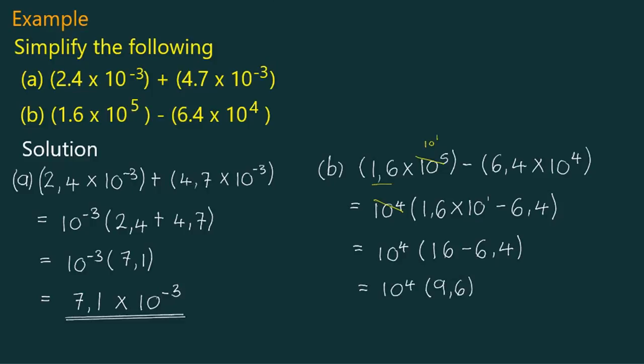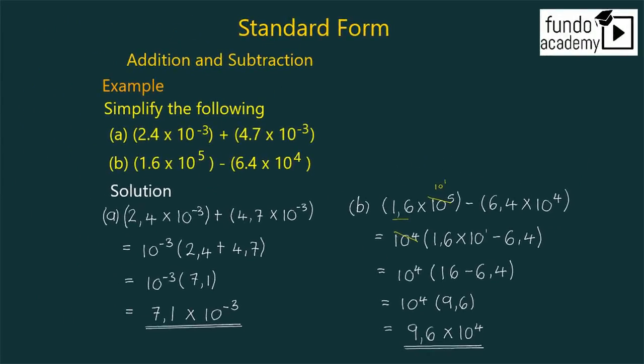In standard form that will come out as 9.6 times 10 to the power of 4, and that is the answer to part B. So this is how we add and subtract numbers in standard form when it's involving factoring out.